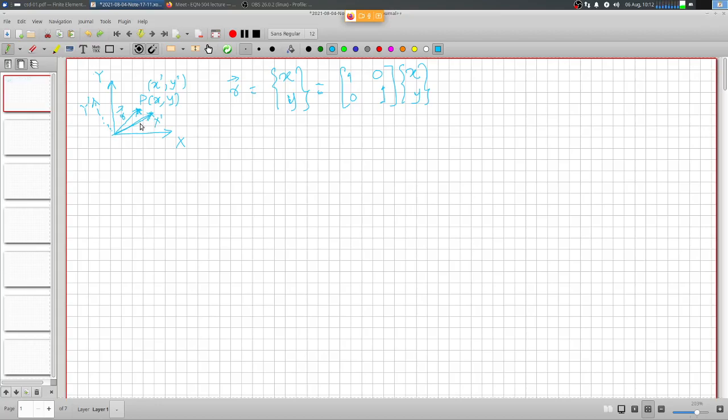X prime would be oriented, if I refer to x prime, then this vector itself can be written as, let's say, vector r prime x, and this is r prime y.